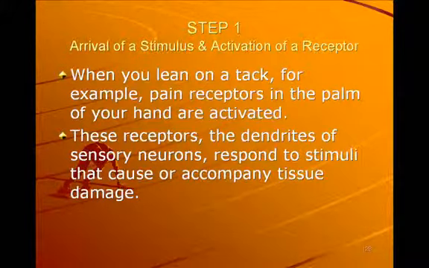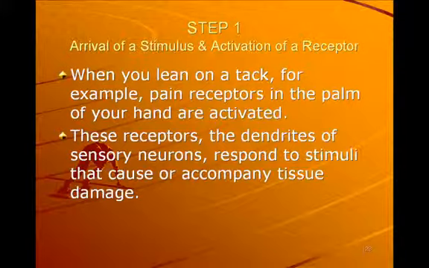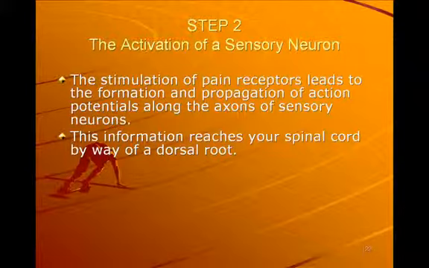These receptors, or dendrites of sensory neurons, will respond to that stimulus and to the accompanying tissue damage. The stimulus of the pain receptor leads to the formation and propagation of action potentials along the axons of the sensory neuron where the tissue has been damaged. This information reaches the spinal cord by way of the dorsal root. Remember, the dorsal root is responsible for sensory.